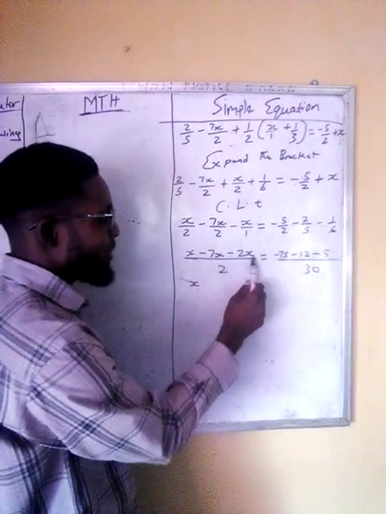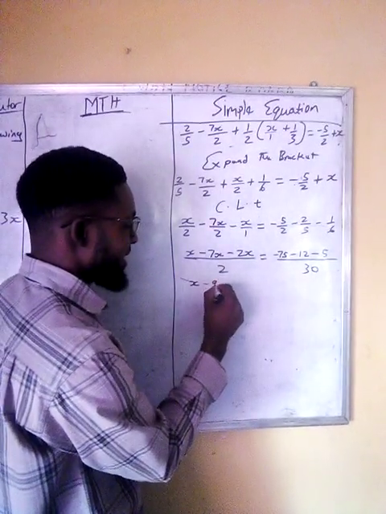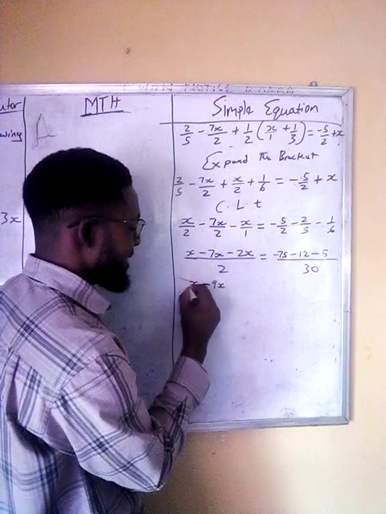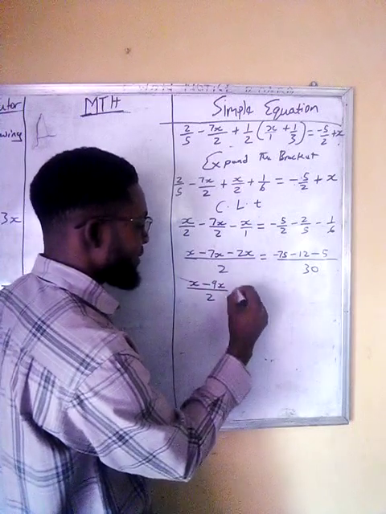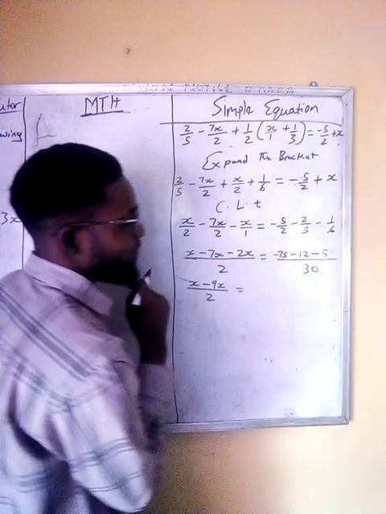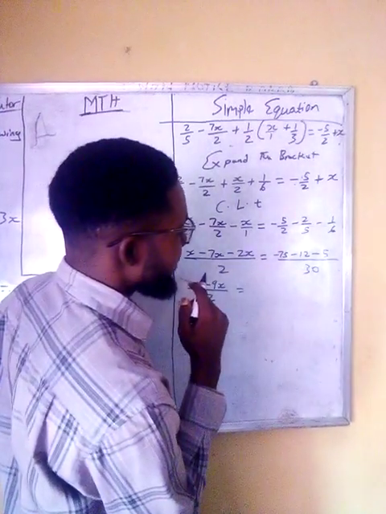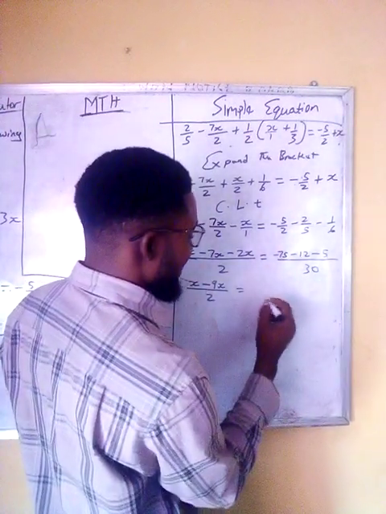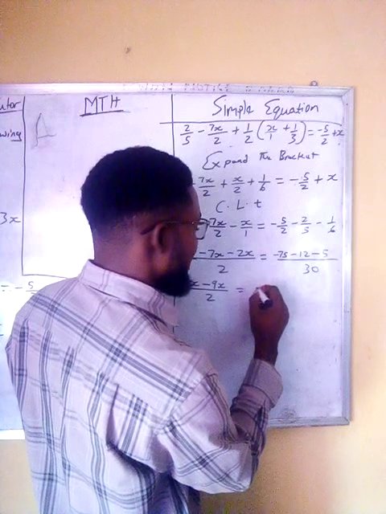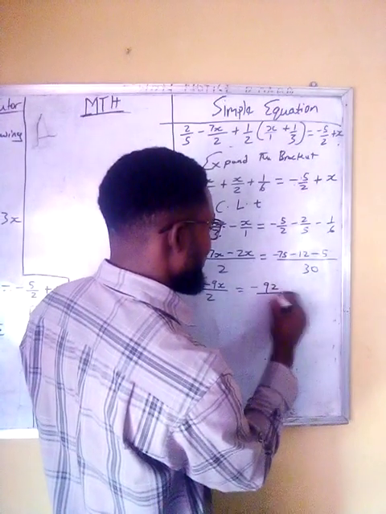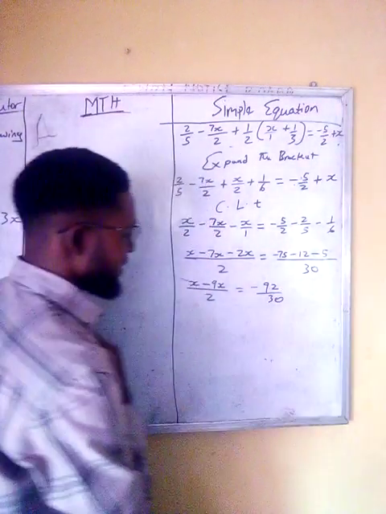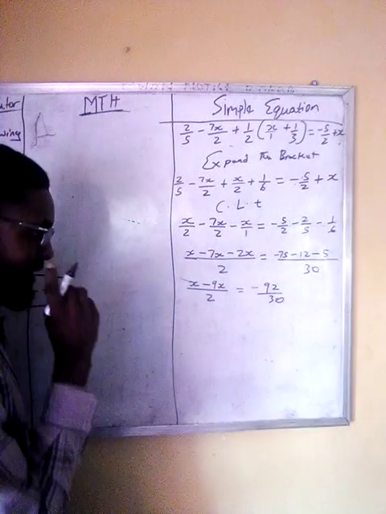Minus 7x minus 2x is minus 9x, all over 2, equals to, if you sum up everything here, minus 92 all over 30.